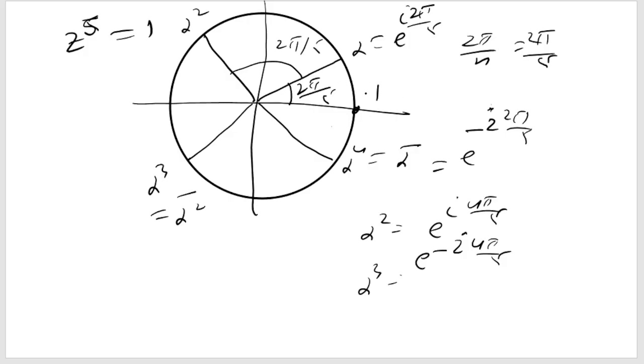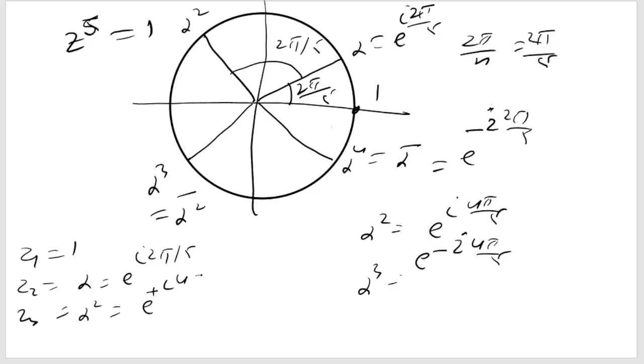So what are the roots? The first root is 1, the second root is alpha, that is e to the power i 2 pi by 5. The third root is alpha square, that is e to the power i 4 pi by 5. And what is the fourth root?